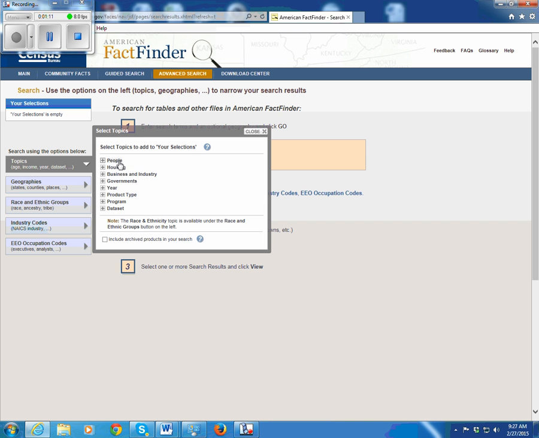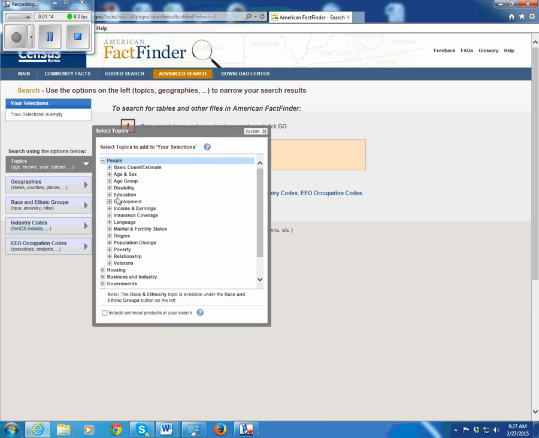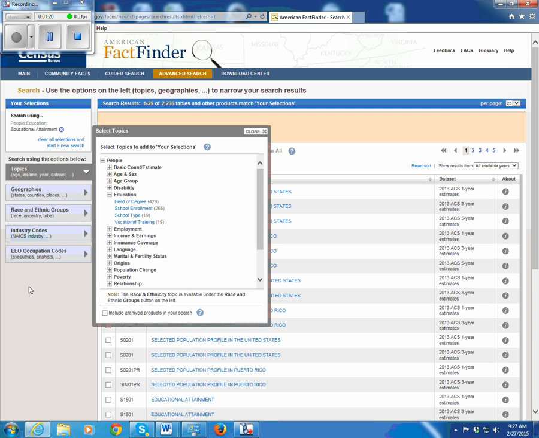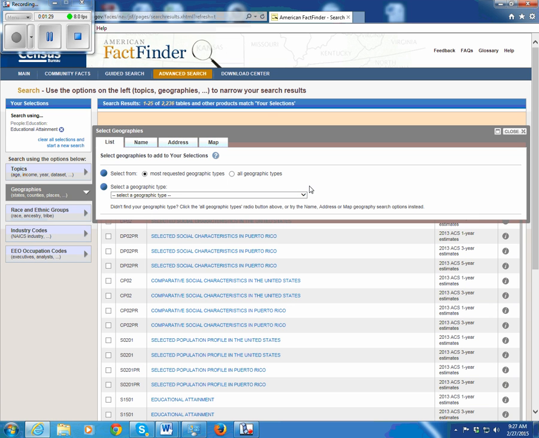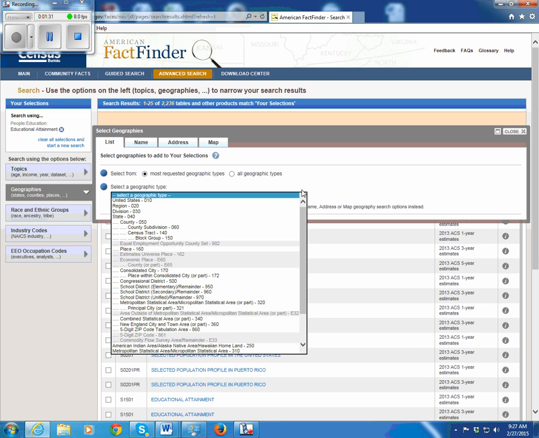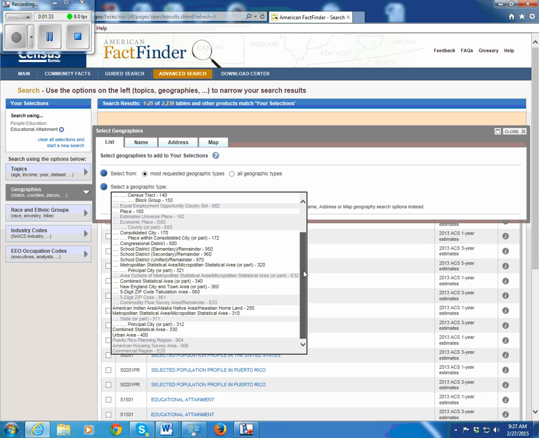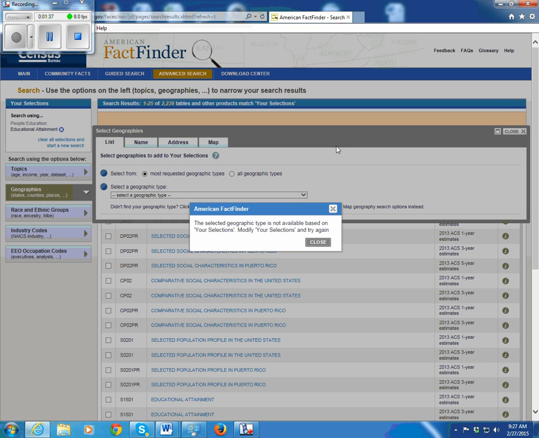So I look under people here, and I see education, and I see educational attainment. And then I want to go to and compare a couple of areas. So I click on geographies, and I scroll down.